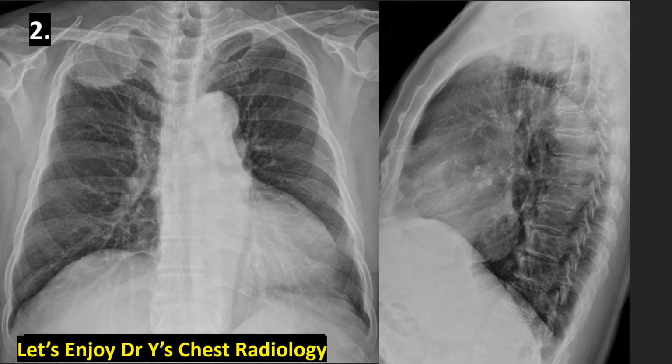Old man with mass more than 4 cm in size, a mass in right upper lobe, broad based on the pleural side, apex side. On lateral film, we can confirm the mass location in right upper lobe apical segment, broad base.